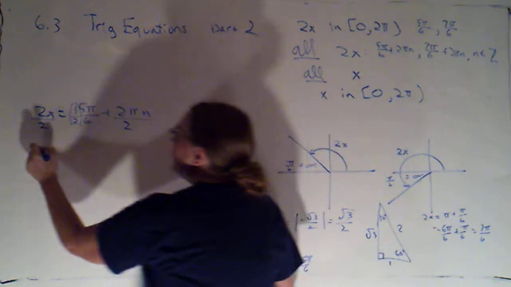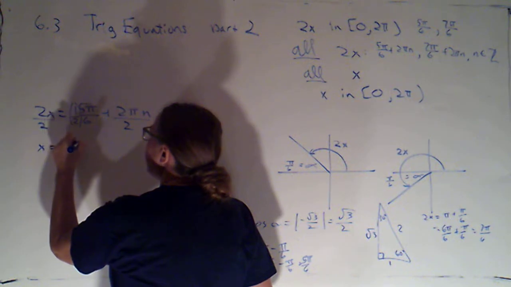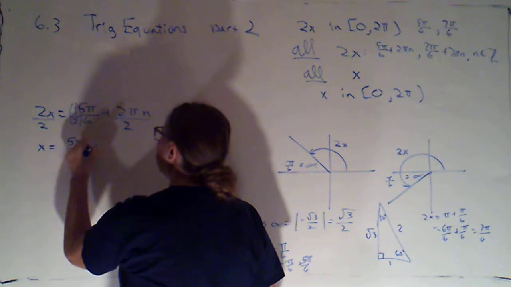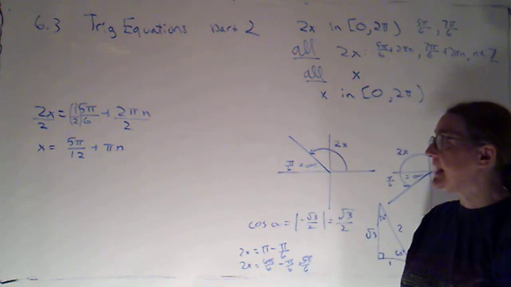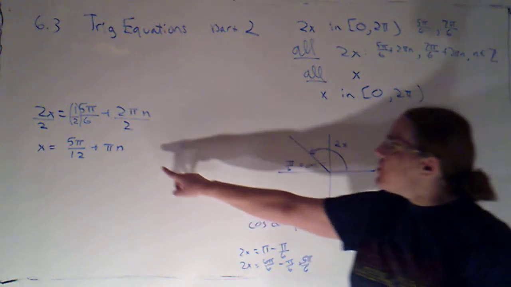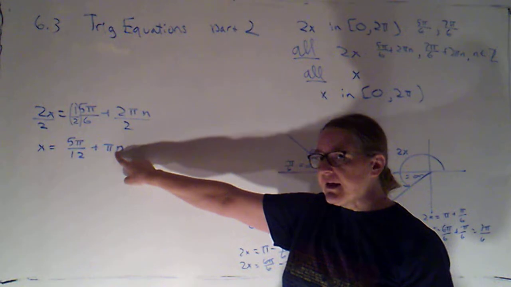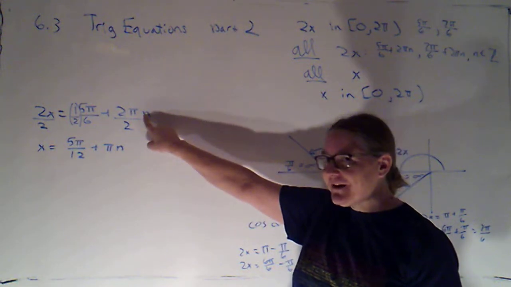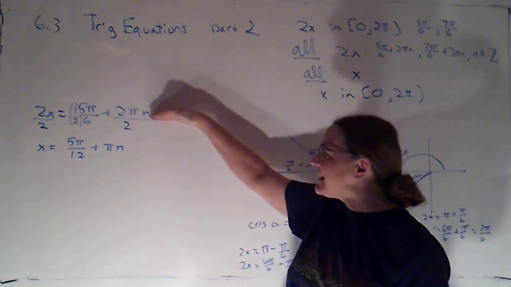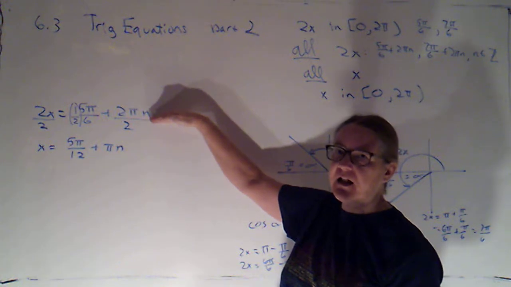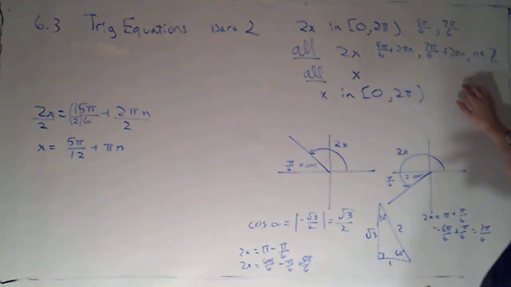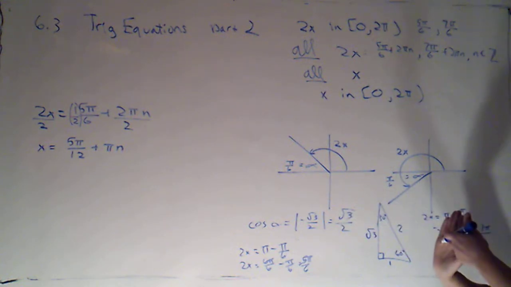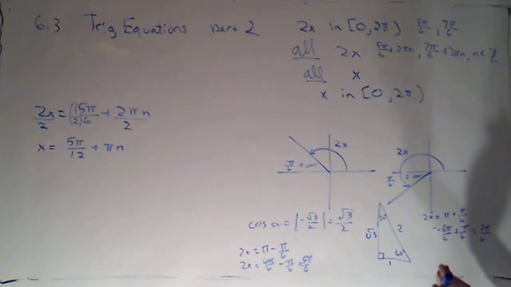But x would now be 5 pi over 12 plus pi times n. Notice what I'm adding to it is half of 2 pi because that got cut in half as well. So that's why I waited until I had added the 2 pi n to cut things in half.